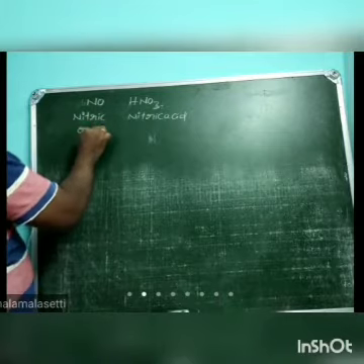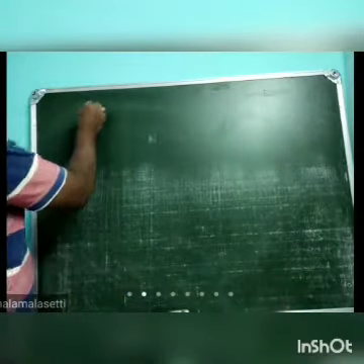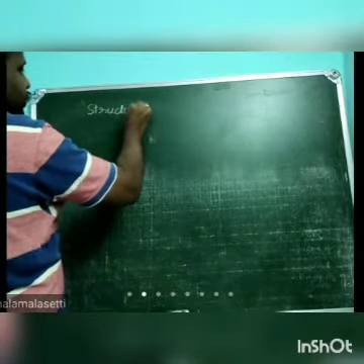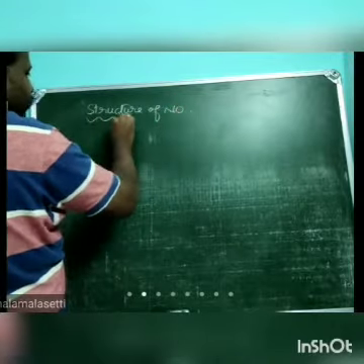This is nitric oxide. This is nitric acid. So next, structure of NO. Again we have to draw the Lewis dot structure. So again you practice these Lewis dot structures.